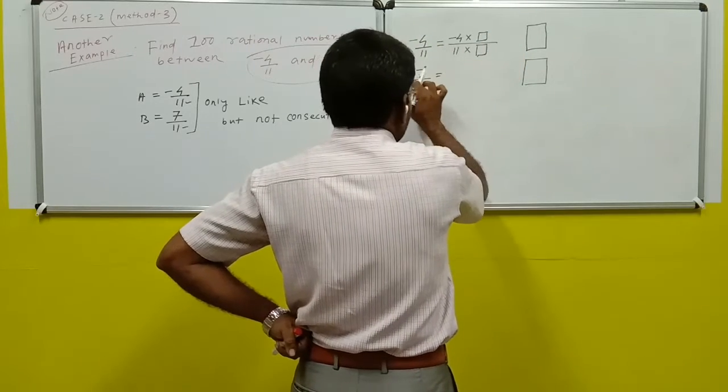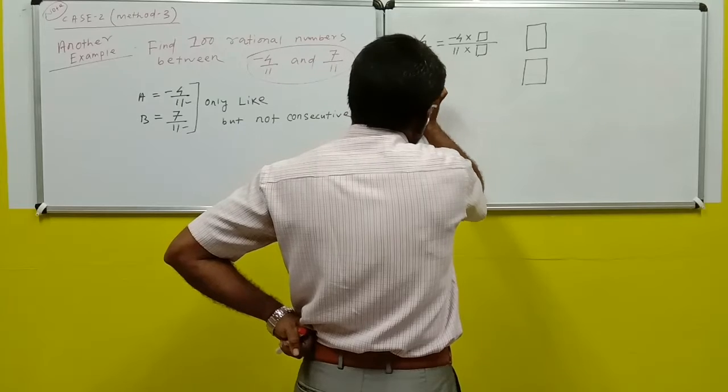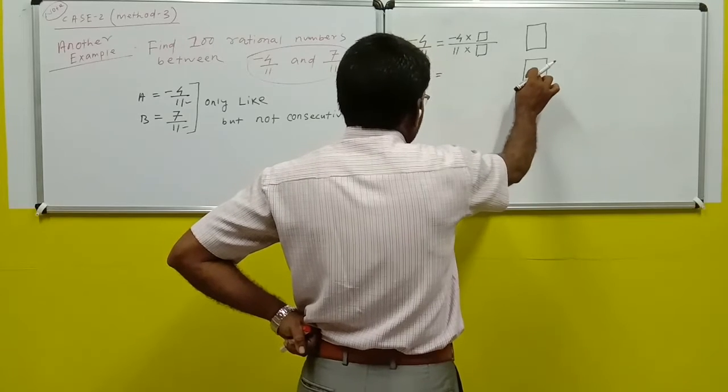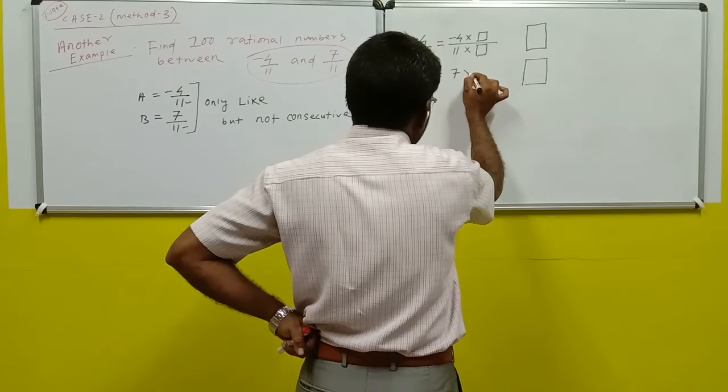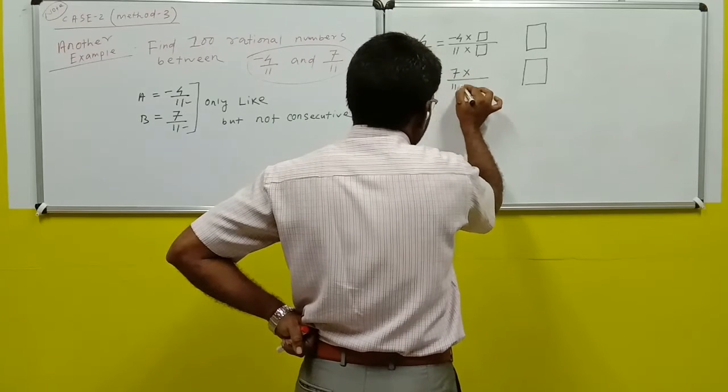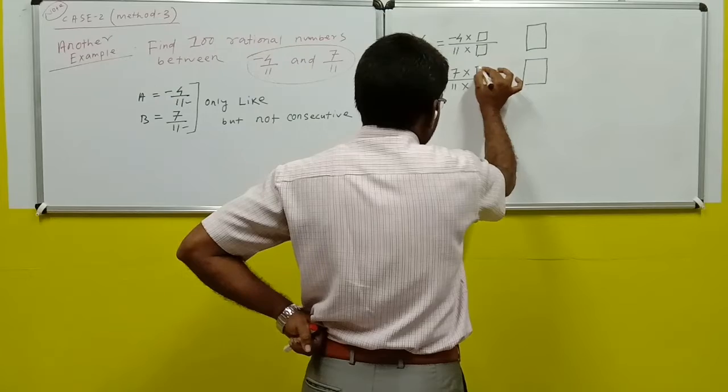And here also you have to change 7 by 11 into its equivalent rational number by multiplying its numerator 7 and its denominator 11 by that suitable number.